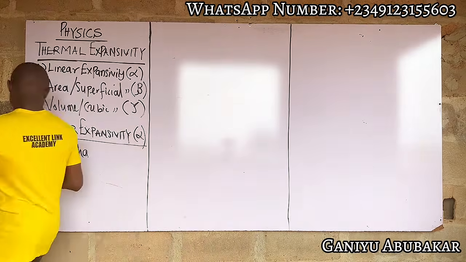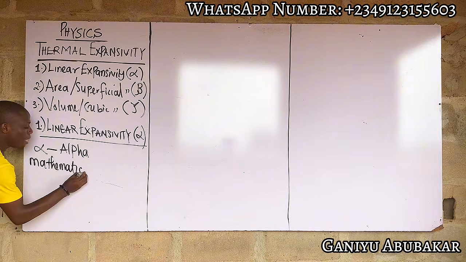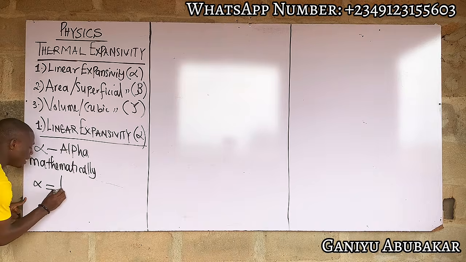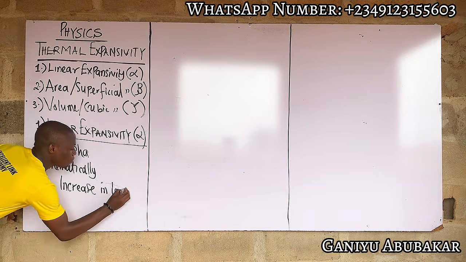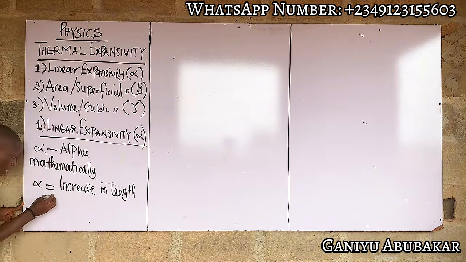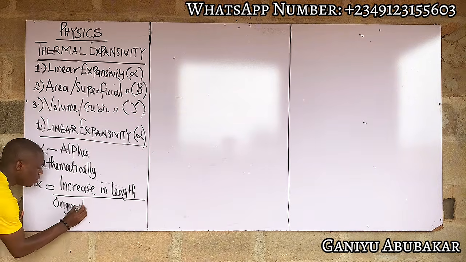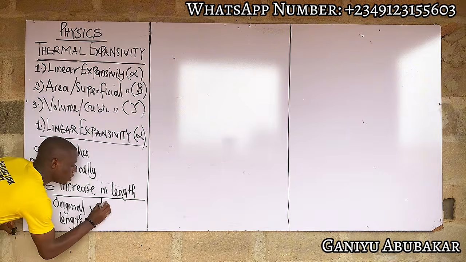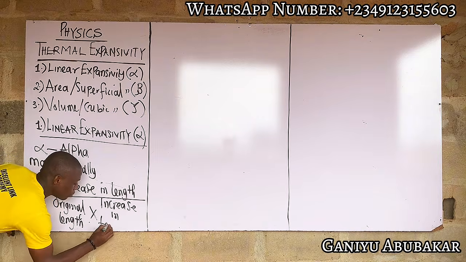So mathematically, I'm saying that alpha, which is linear expansivity, is equal to the increase in length all over original length times increase in temperature.